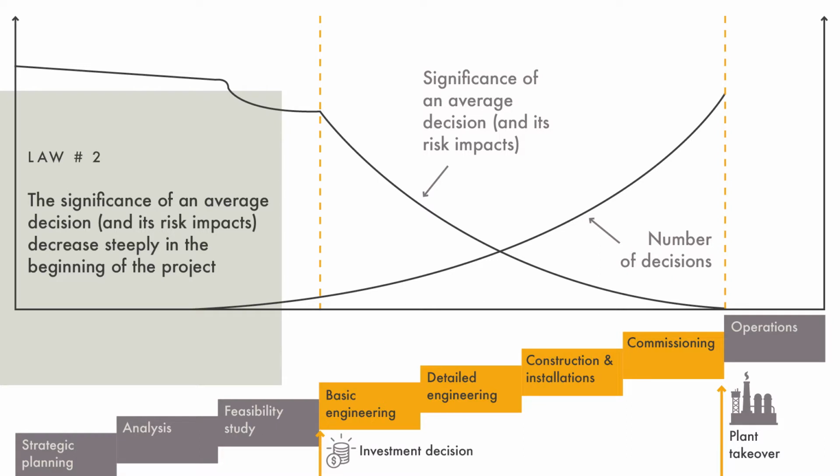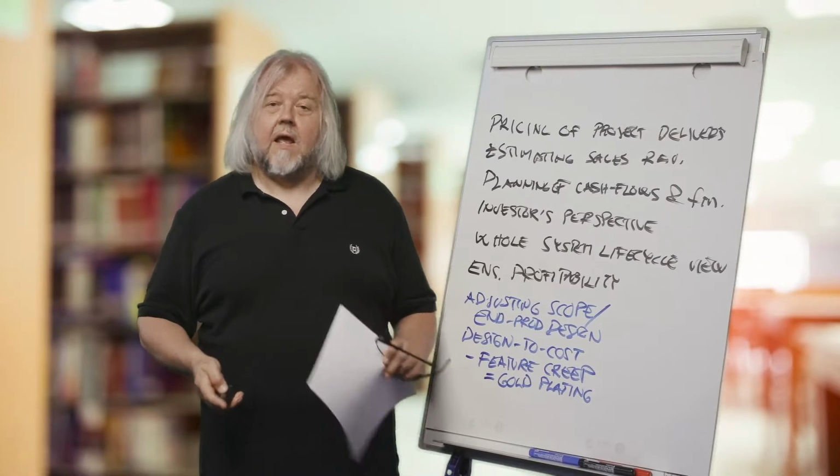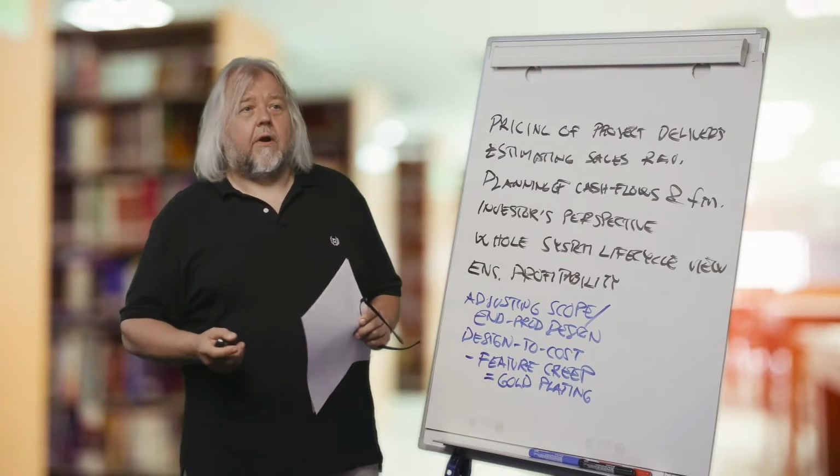And of course, the number of decisions is going to increase later on, because project execution and its management is continuous adjustment and small changes, but those decisions in the later phases are not that significant anymore. Then we have law number 3.